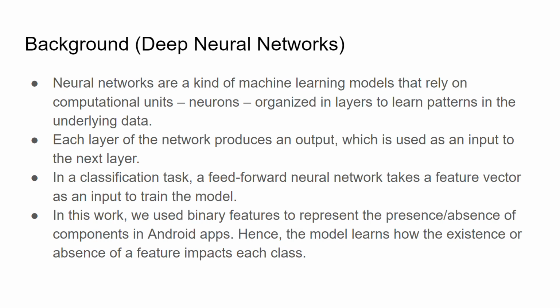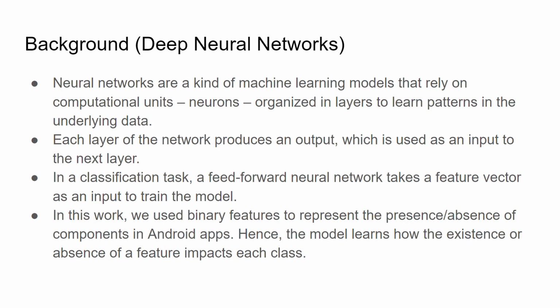Now we talk about deep neural networks. Neural networks are a kind of machine learning model that relies on computational units called neurons, which are organized in layers to learn patterns in the underlying data. Each layer of the network produces an output, which is used as an input to the next layer.